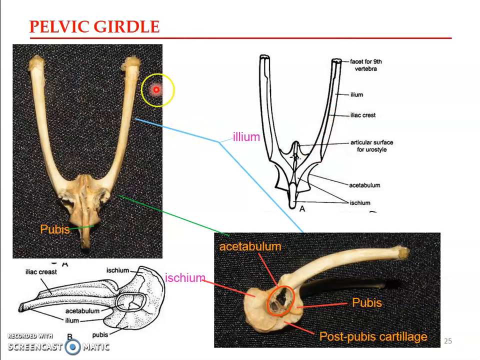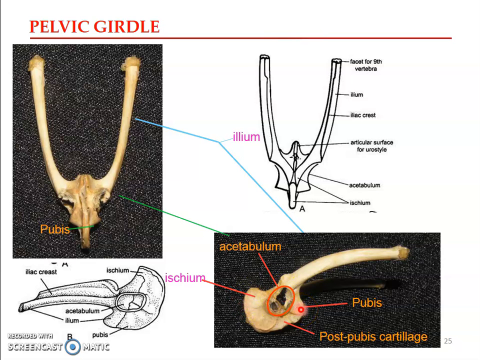Anteriorly it is free, and posteriorly they fuse together and form the anterior and upper half of the disc and acetabulum. Laterally, this is the iliac bone, and here you can see the acetabulum, this depression over here. The ilium forms the edge of the acetabulum, and it meets the ischium and the pubis.